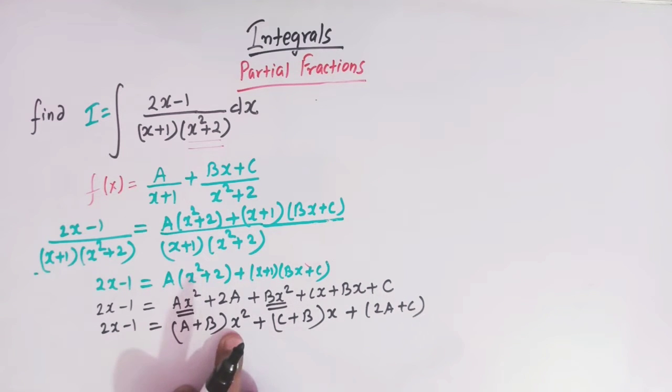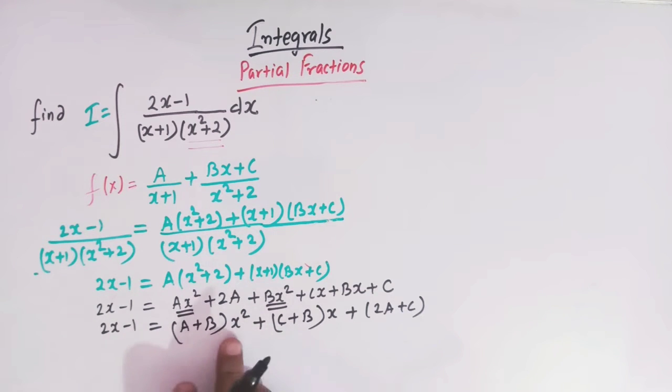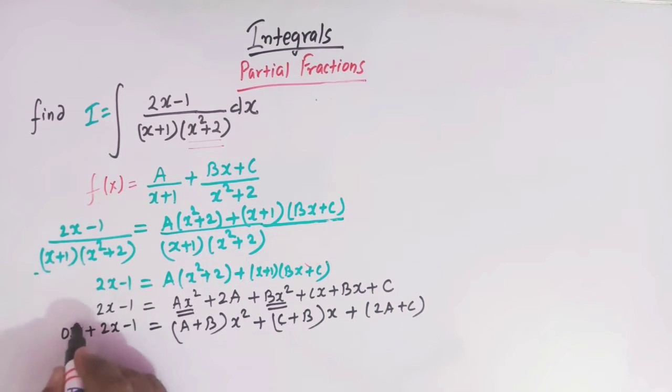So the coefficient of x square is a plus b, coefficient of x is c plus b, and the constant term is 2a plus c, right? Now if we compare the coefficient of x square, x, and the constant term in both the sides, then see what we get, right? And here if we add a term like this, that is 0x square, then there is no harm in it, right?